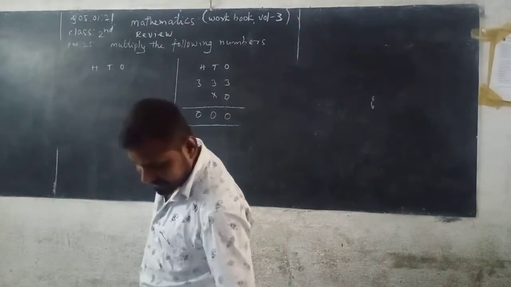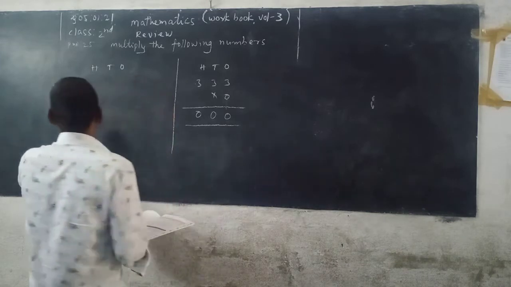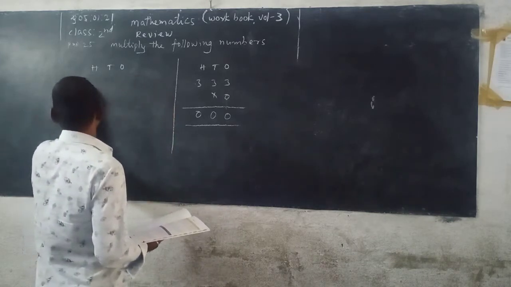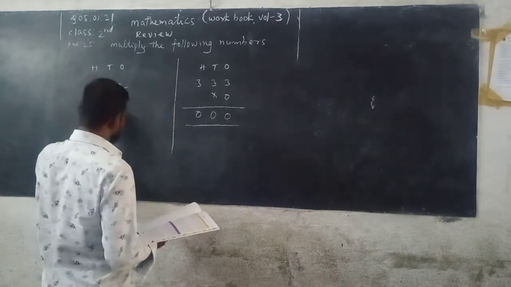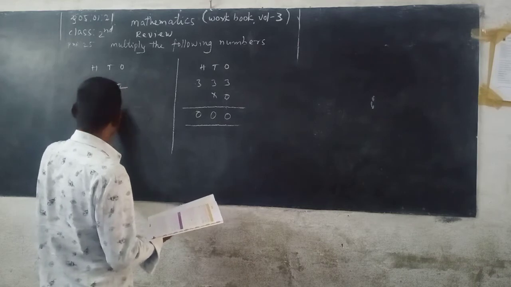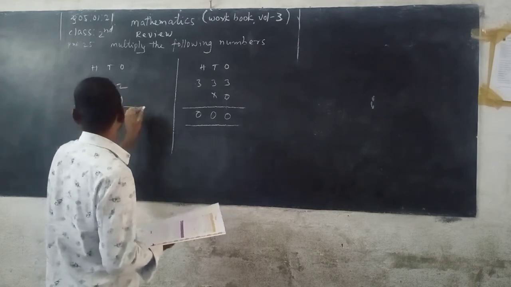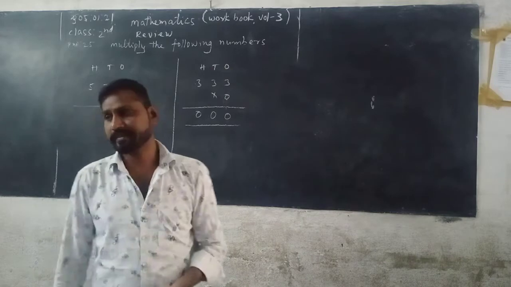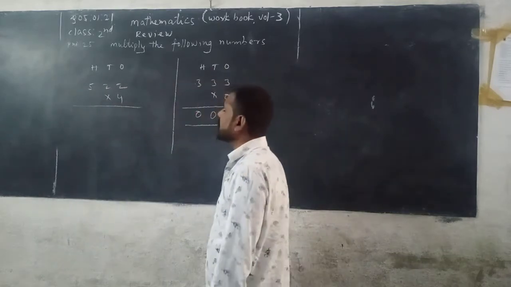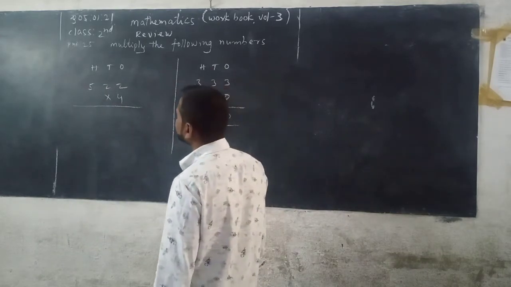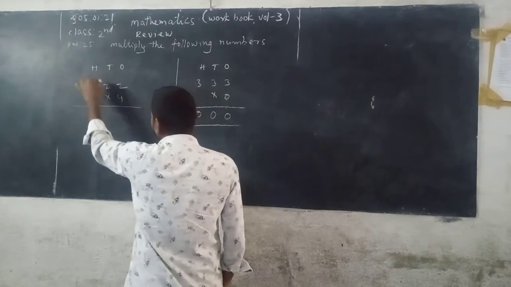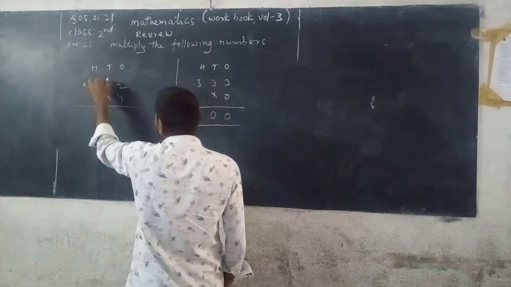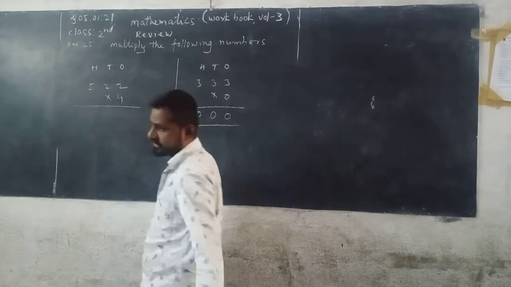Now next question. 522 into 4. This is very important. See here, write the given number in column wise according to their places. This is ones column, tens column, hundreds column. 2 is in ones place, 2 is in tens place, 5 is in hundreds place.